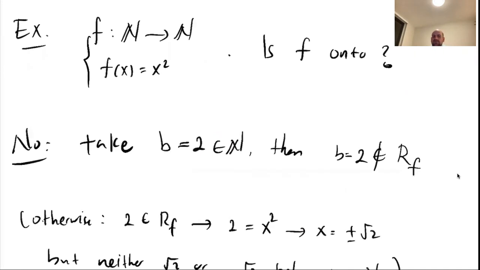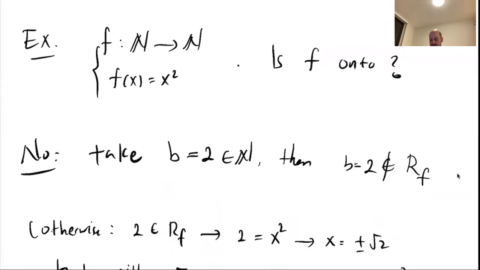So please remember that the codomain always contains the range. Now, if you want to show that your function is not onto, you have to find at least one element of the codomain which is not in the range. So here, for example, 2 is in the codomain, not in the range. Why? Because if it was in the range, then 2 has to be equal to x squared. Range means the outputs, right?